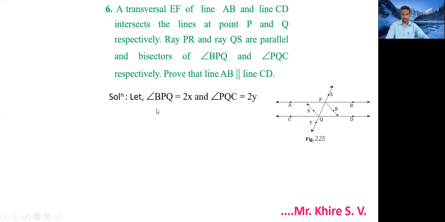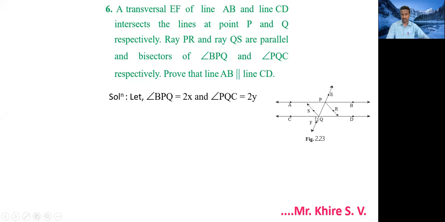Let's see the solution of question 6. Let angle BPQ be equal to 2x, because PR is the bisector, which means these two are congruent angles. Similarly, QS is the bisector, so these two are also congruent angles. Suppose these are x and y.